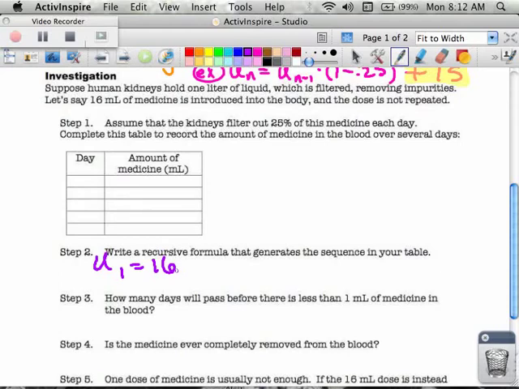And then each subsequent day, which we've called the u sub n thing in our calculator, we have the previous day's amount, which was the u sub n minus 1 thing, and then we multiply by what's going on. Since I'm reducing my body's medicine content by 25%, I would multiply by 1 minus 0.25.